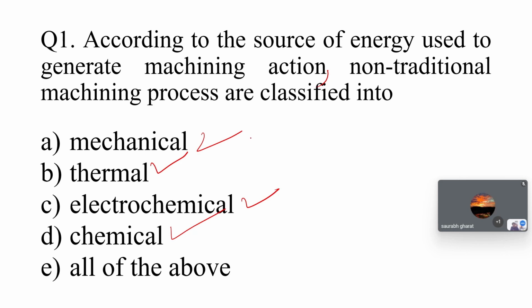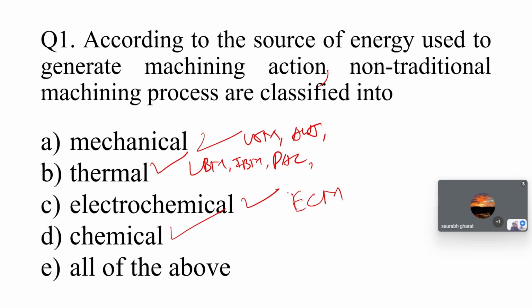Mechanical, we know USM, abrasive jet, abrasive water jet again. Thermal means laser beam, ion beam machining, again plasma cutting. Other processes are electrochemical, meaning electrochemical machining, ECM, and chemical, like using an etchant.